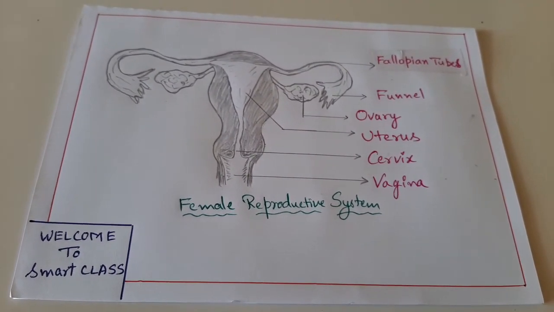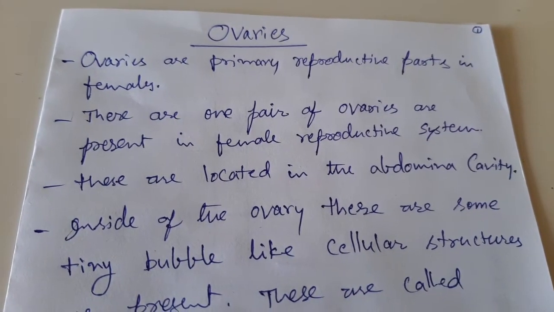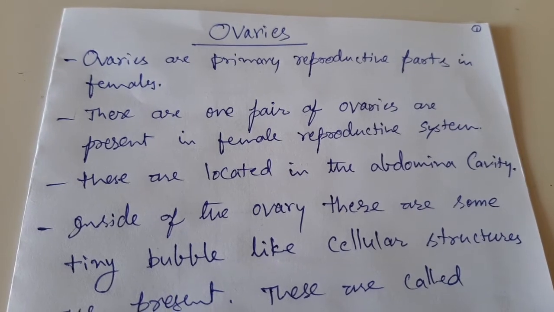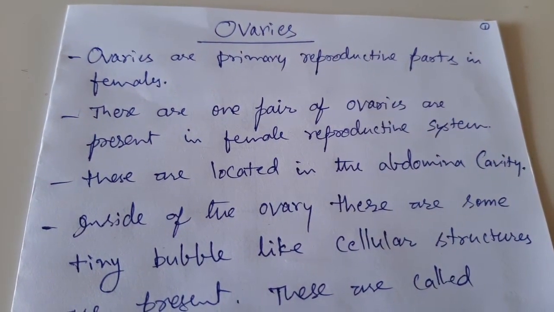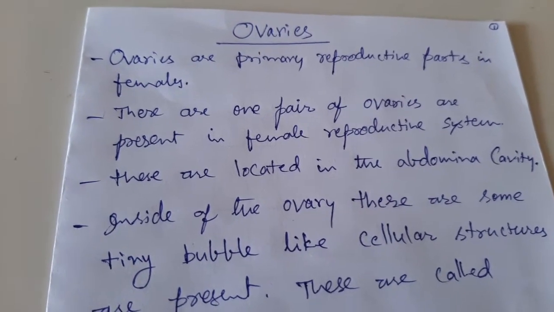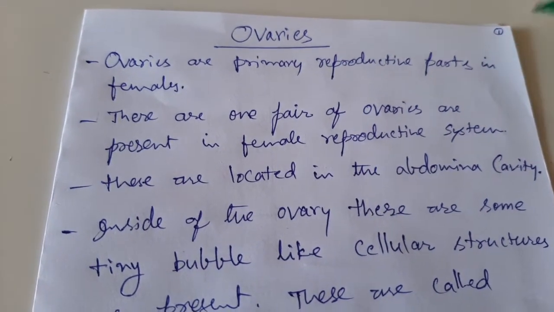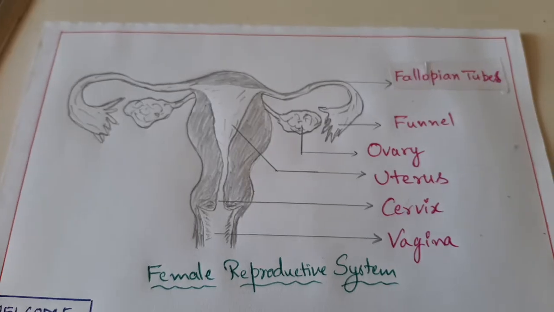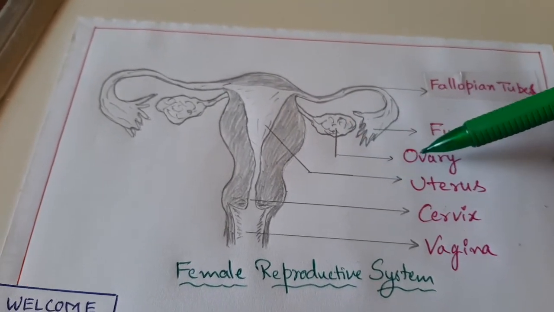Now let us learn in detail. Okay. So now students, let us start in detail. First one about ovaries. These ovaries are primary reproductive parts in females. So observe here. These are ovaries.